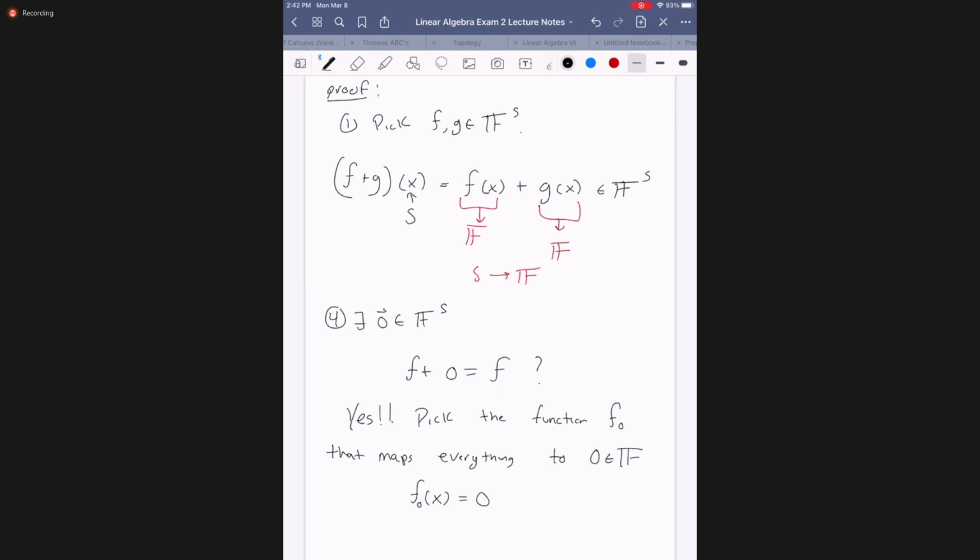So if I do the addition, f plus f0 at x, this is going to be f of x plus f0 of x, which in this case, this thing is 0, so this is just going to be f of x. So that thing does exist in here. Remember this, because this is going to be important to the example that we're going to do for continuous functions.